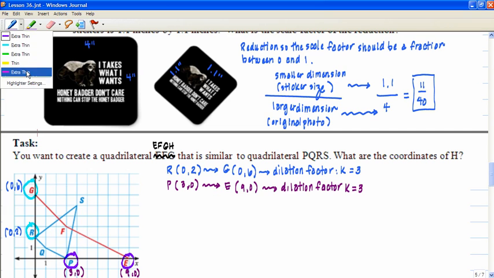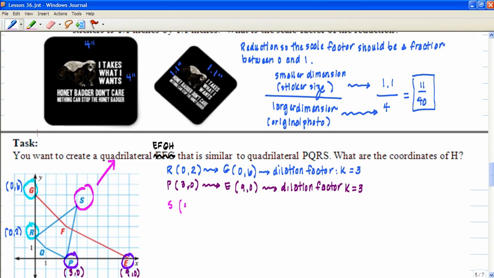Now, H is going to correspond to S somewhere out here. Okay. So we're going to take that point S, and we're going to multiply it by 3 to find H. So S right now is at the coordinate 4, 5. And we want to dilate it by a factor of 3.